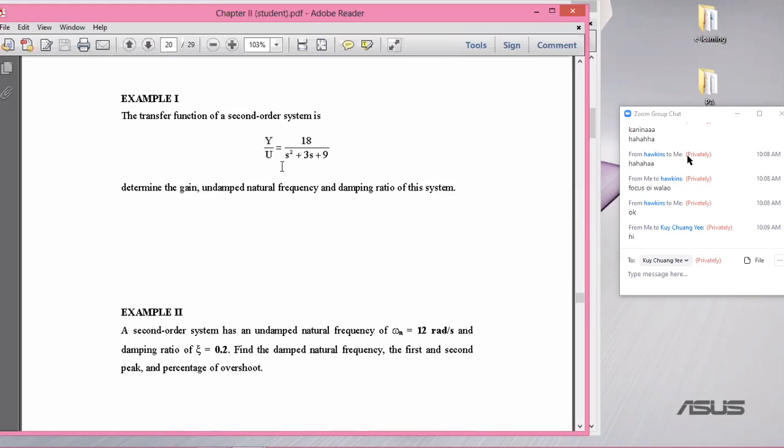If you try to find the roots of this quadratic equation, it's going to be a complex root. Here the question wants us to determine the gain, the undamped natural frequency, which is omega n, and the damping ratio. Once you have these three quantities, you basically have the solution already.